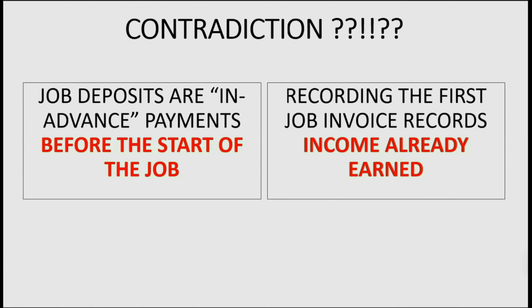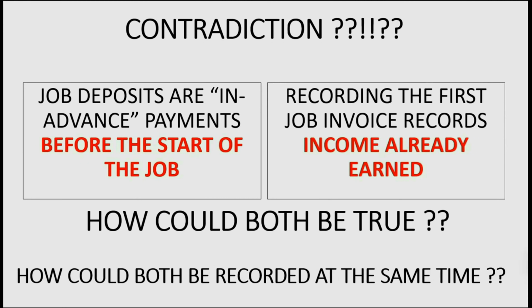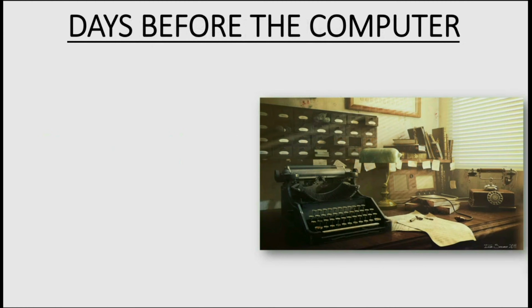So that's a bit of a contradiction. You got paid before the job started, but you recorded all the income as earned. How could both be true? I got a payment before the job started, and I recorded the advance payment, and now it indicates that I already earned all the income. Why do we do that?